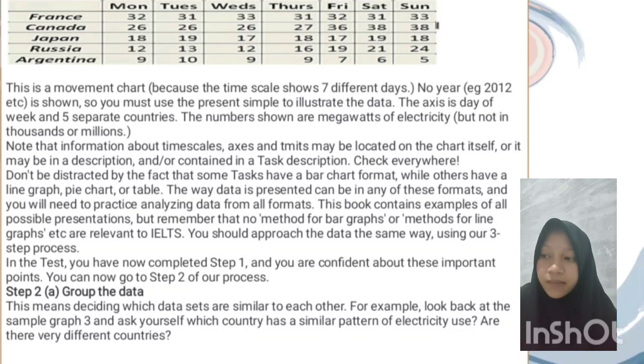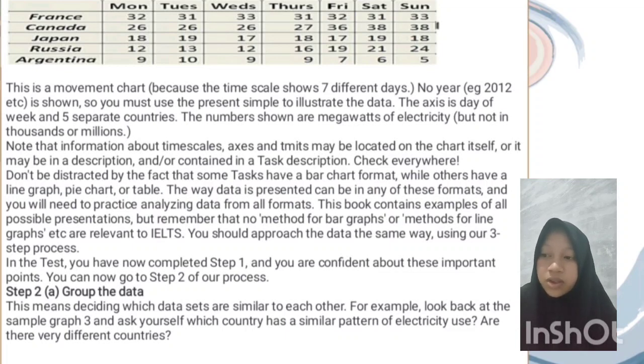The way data is presented can be in any of those formats, and you will need to practice analyzing data from all formats. This book contains examples of all possible presentations, but remember, no method for bar graph or method for line graph, etc. is relevant to IELTS.